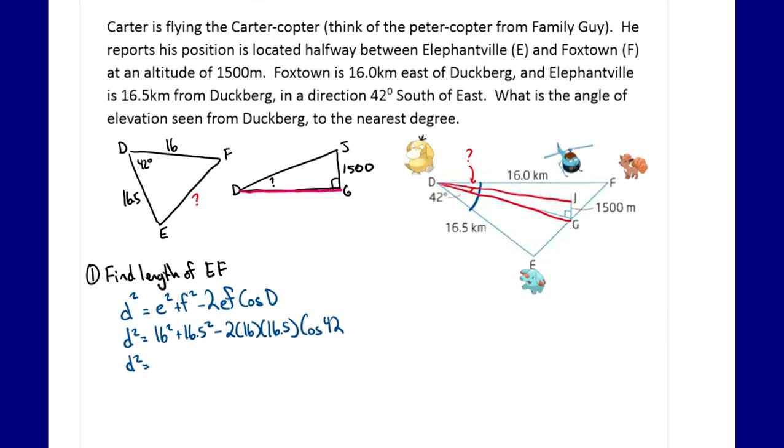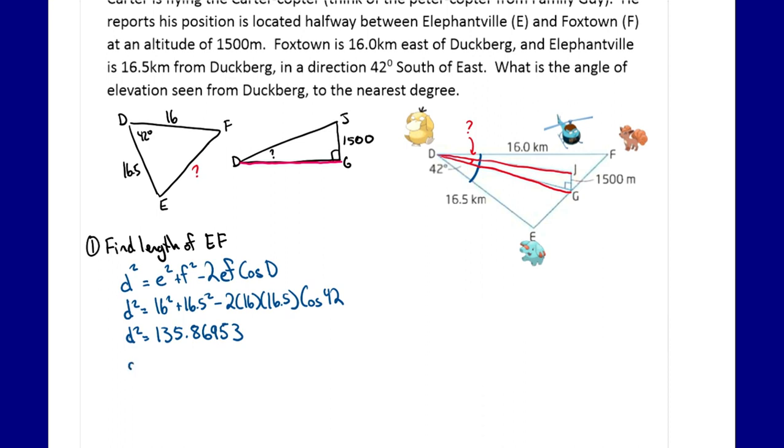d squared is going to equal 135.86953. I want to try to avoid as much rounding as possible as I go through these types of questions. And finally, I'm going to take the square root of that.